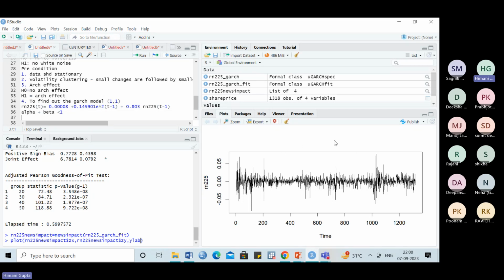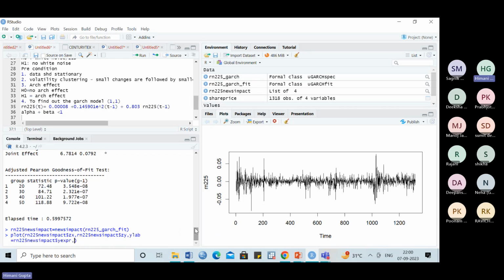What should be the name written over here? So ylab is equals to, again our variable name is RN225 news impact $sign YEXPR comma xlab is equals to RN225 news impact $sign XEXPR comma main.